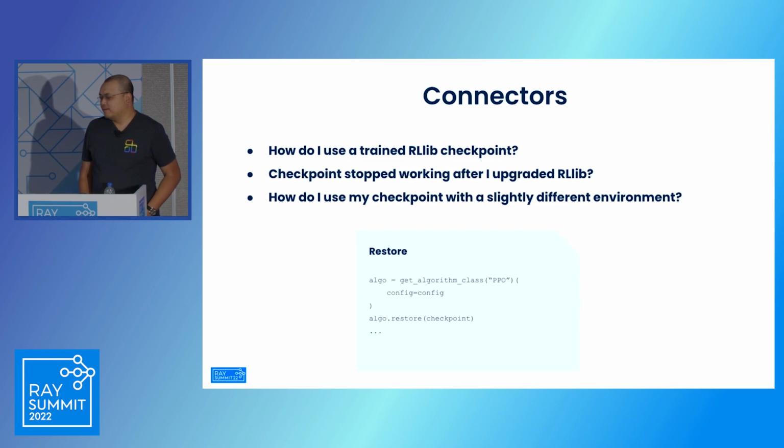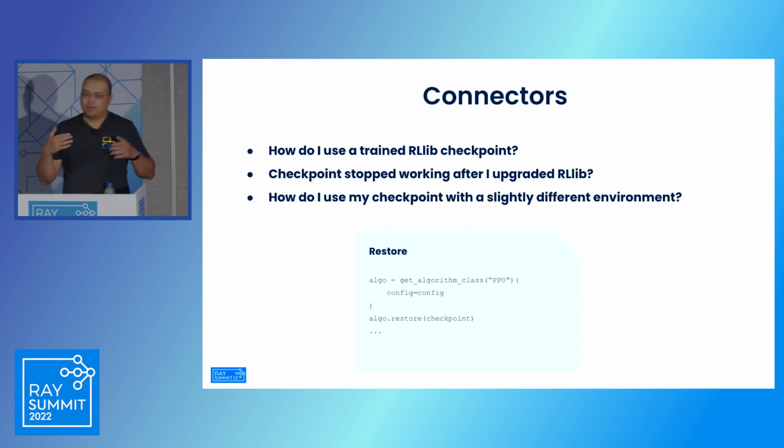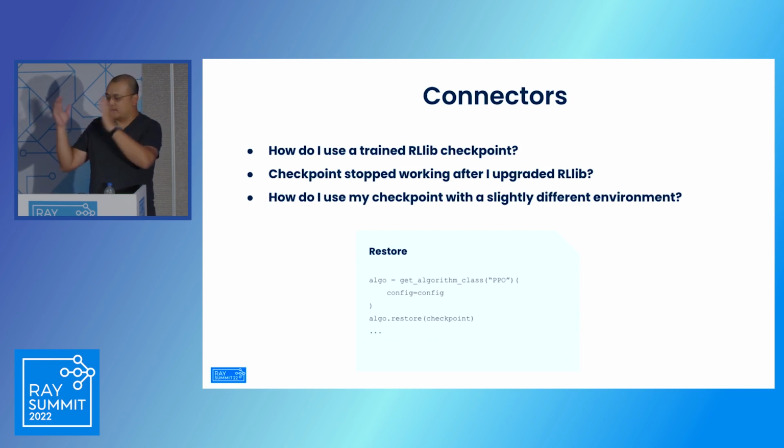So the reason it wasn't handled very well before was because the user provides the environment, and RLlib provides this neural network training functionality, right? But there's a lot of pre-processing and post-processing that's happening inside the framework.